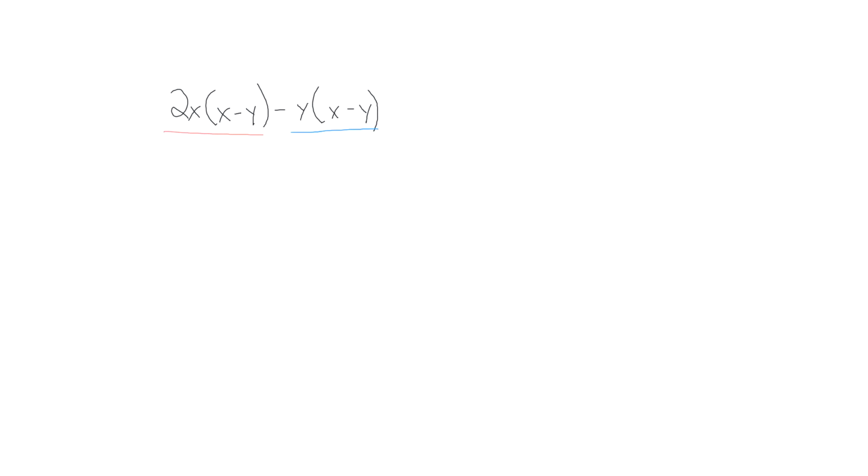What, if anything, do these 2 terms have in common? What do they have in common? In the first term, the 2x is multiplied by x minus 1.